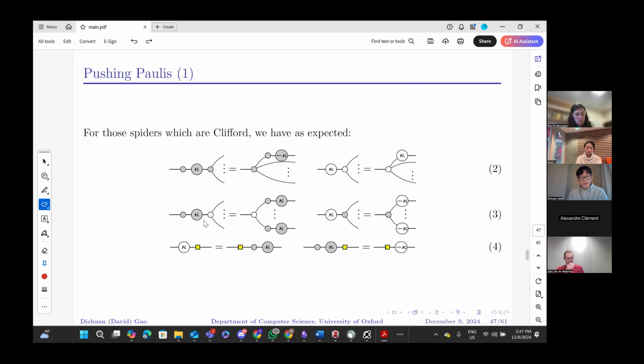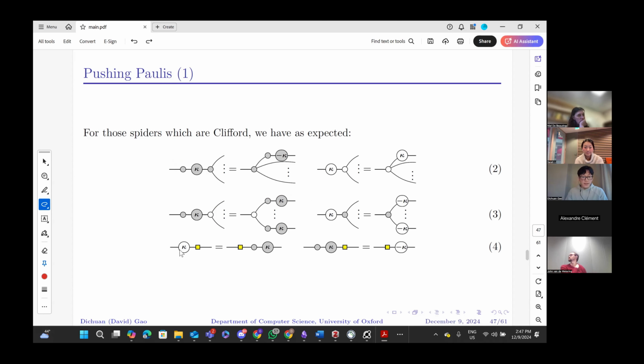Whereas if you have a Pauli on one leg of a spider which is the opposite color to it, then it copies through it, with the provision that whenever something is interacting with an X spider, the sign flips. You can see that in both this case over here and this case over here.